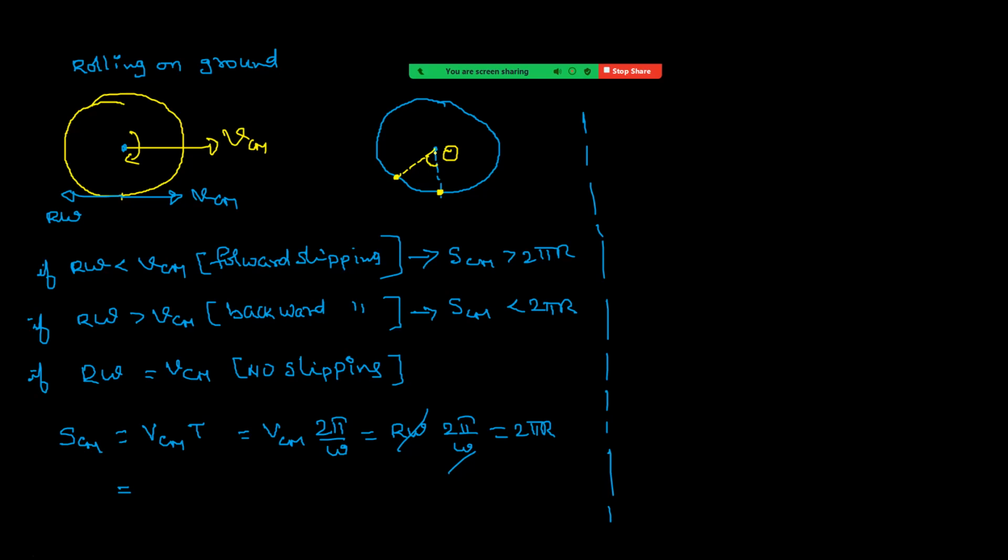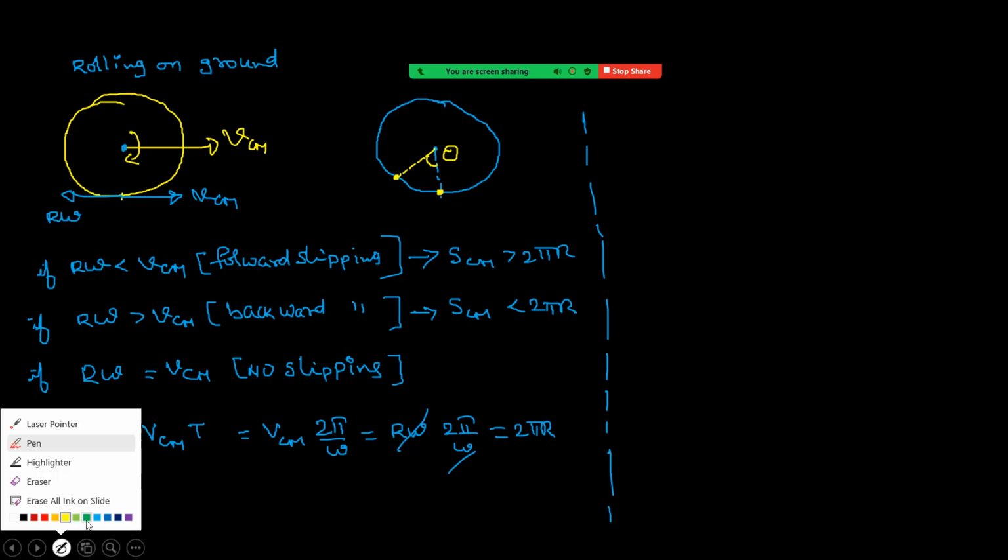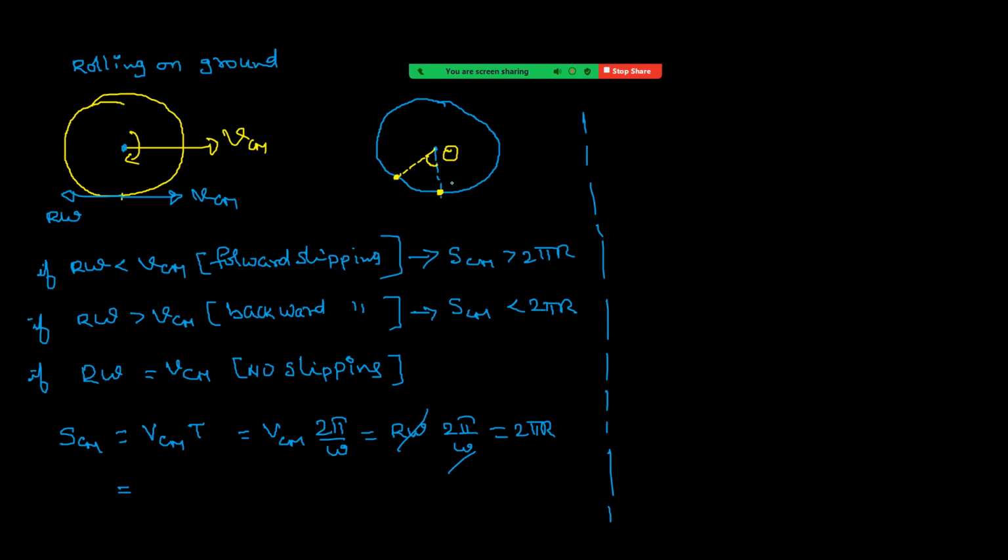Now you can see its velocity. Because of translation, it is VCM, suppose right side. So VCM right side, and this is R omega.